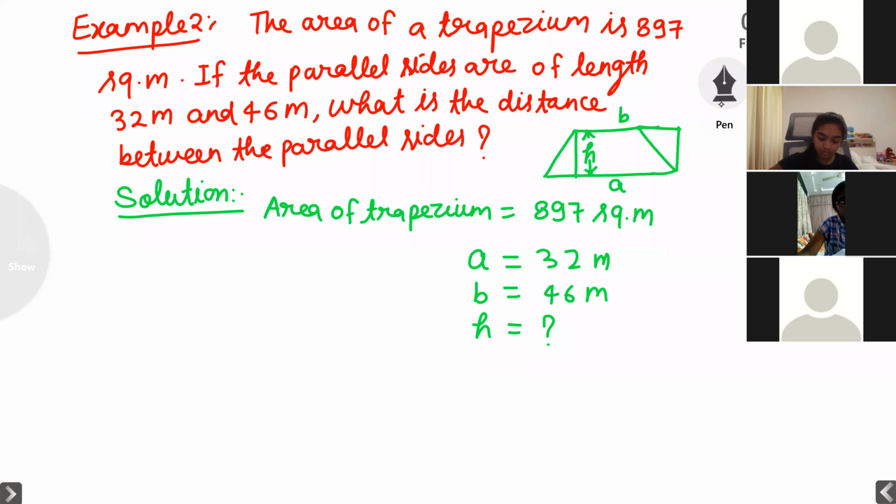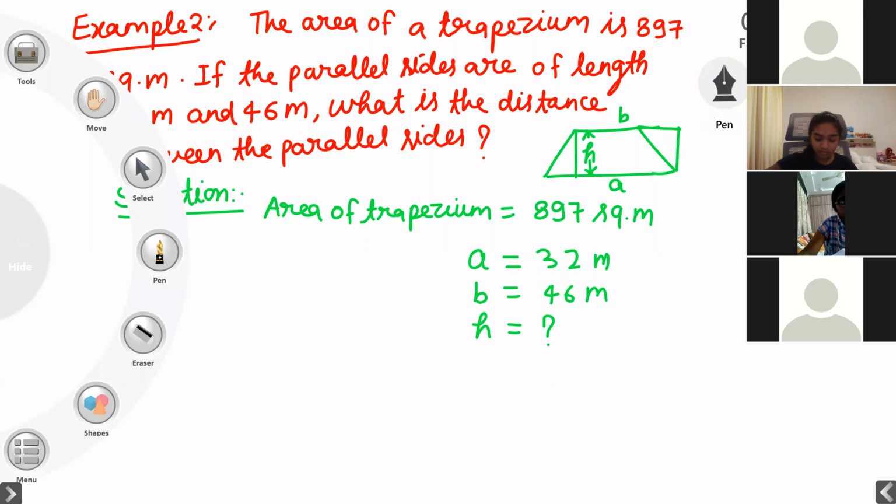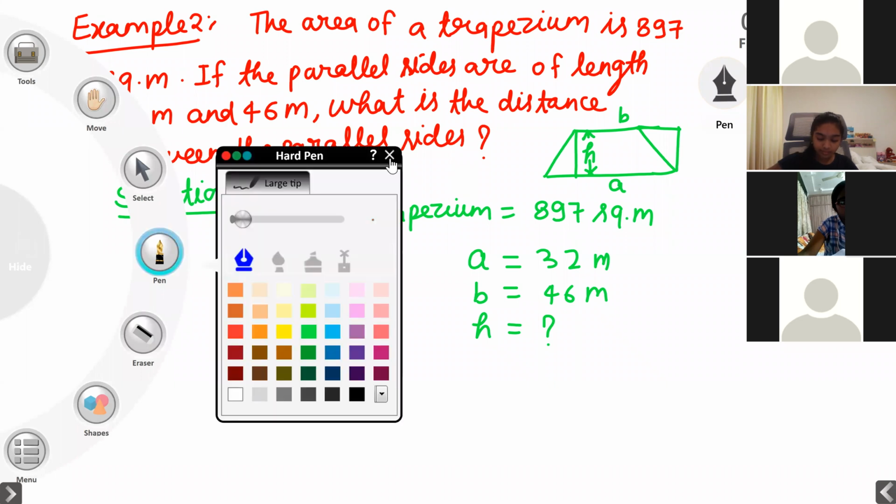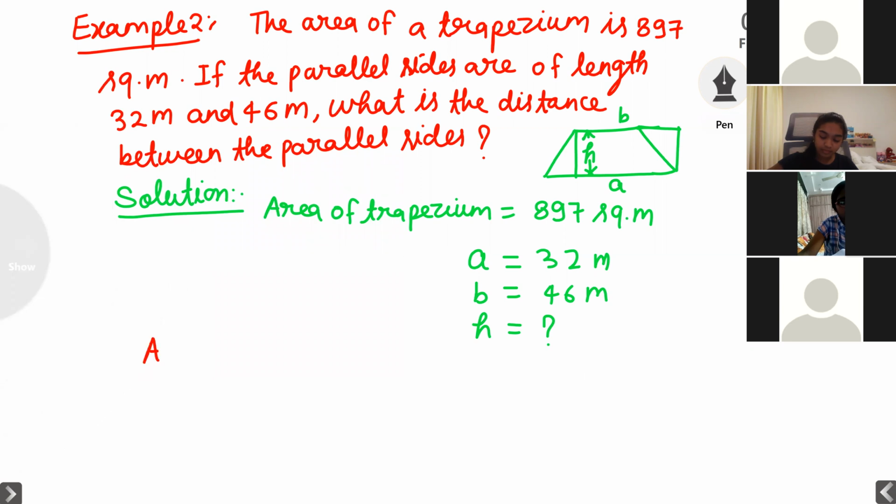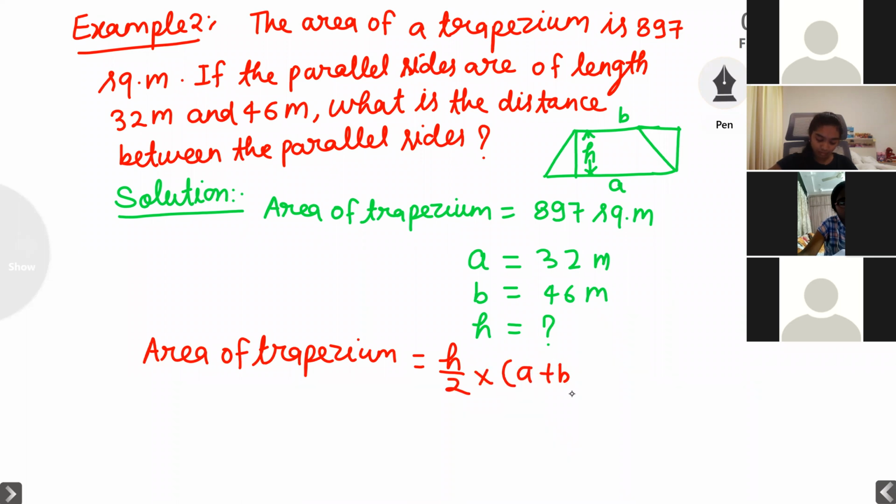Now we want to write the formula. Area of trapezium equals height by 2 into A plus B. Area of trapezium already he has given, 897 equals height I want to find out, height by 2 into A plus B. The value of A is 32.